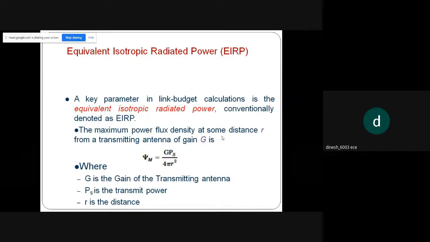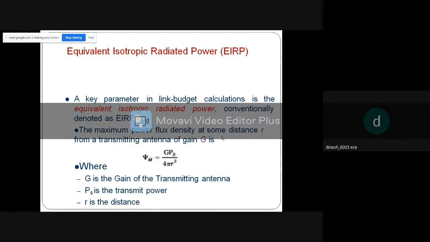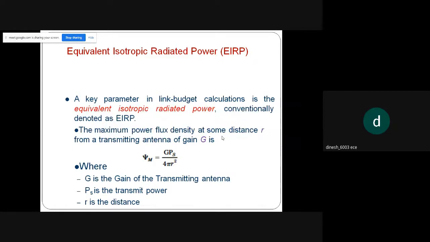So the maximum power flux density at that distance from the transmitting antenna is called the equivalent isotropic radiated power, in short EIRP. R is the distance, G is the gain of the transmitting antenna that we are using, and Ps is the transmitted power.